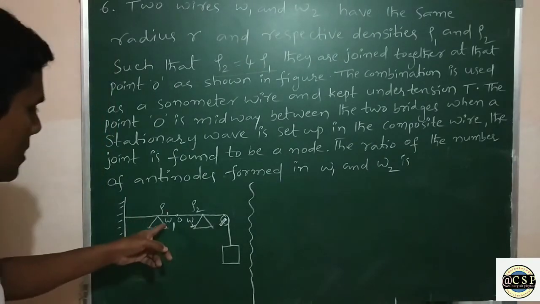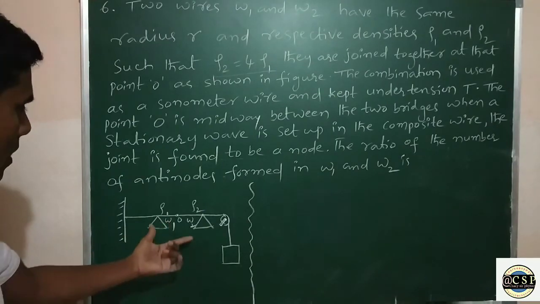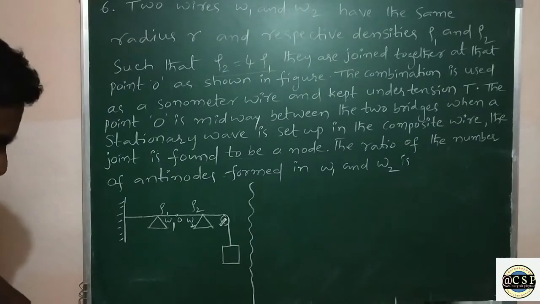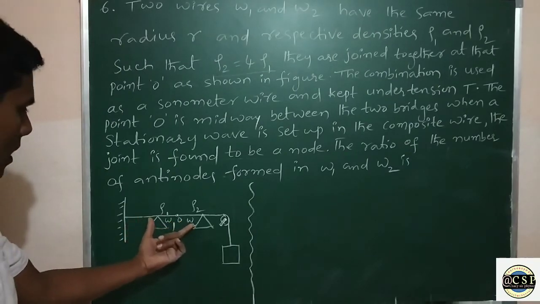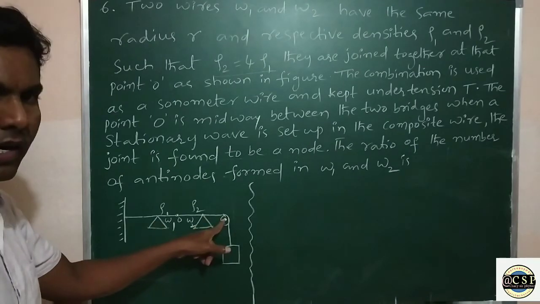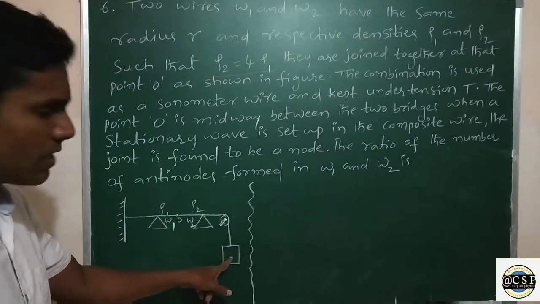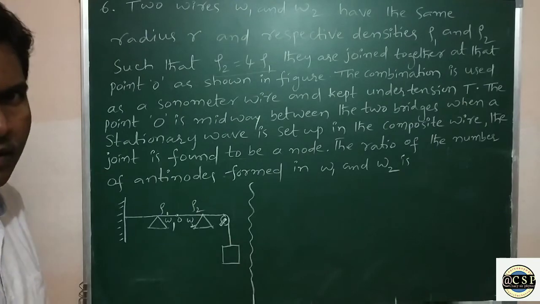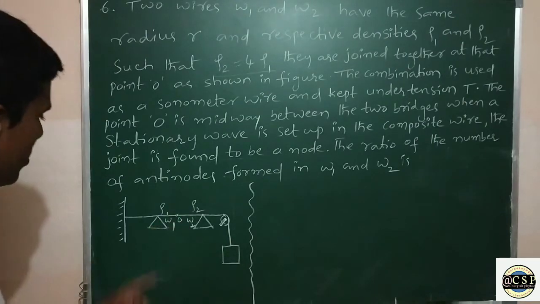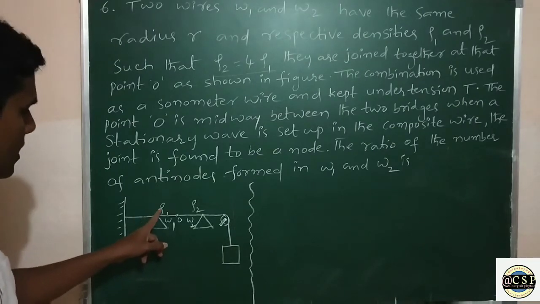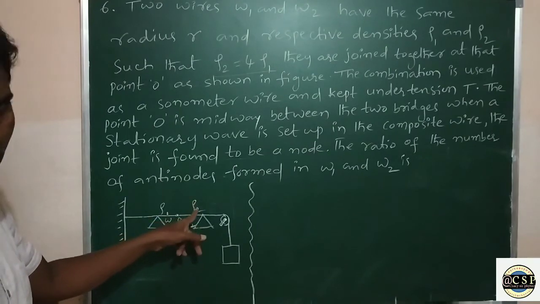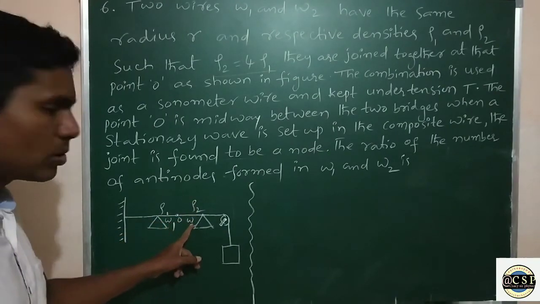Now here is the given diagram in the question. This is one of the wires. They are passing over the two edges and over the pulley, and a weight is attached to the string, due to which it gets a certain tension. The first wire has density ρ1 and the second wire has density ρ2.